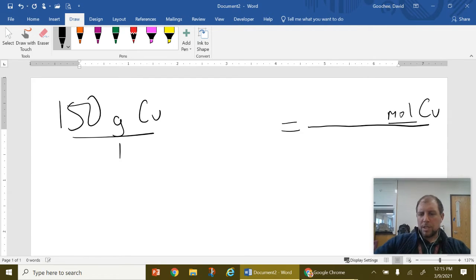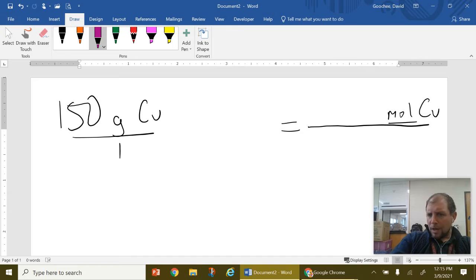Remember, a mole is just a number, like a dozen is 12, or pi is 3.14159. That number happens to be 602 sextillion, but it's just a number.